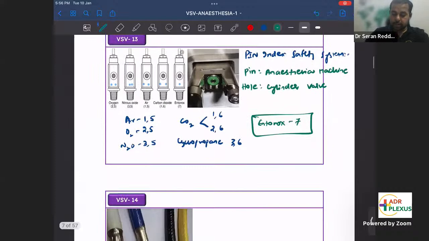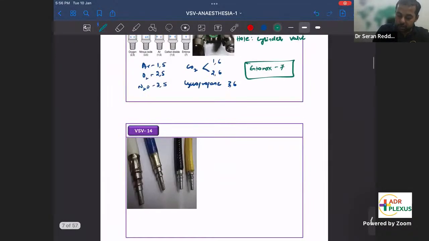Coming to this, pipelines belong to the intermediate pressure safety system. And the colors: sorry, white is oxygen, blue is nitrous oxide, black is air, and yellow is suction or vacuum.